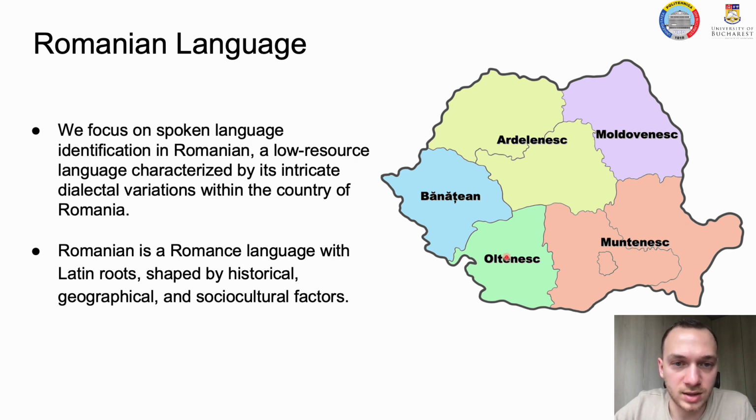On the right side, we can see the country Romania. On the south part, we can find the Oltenia and Muntenia regions, while on the north part, we can find the Banat, Ardeal, and Moldova regions. Those are the regions where the given dialect is spoken.